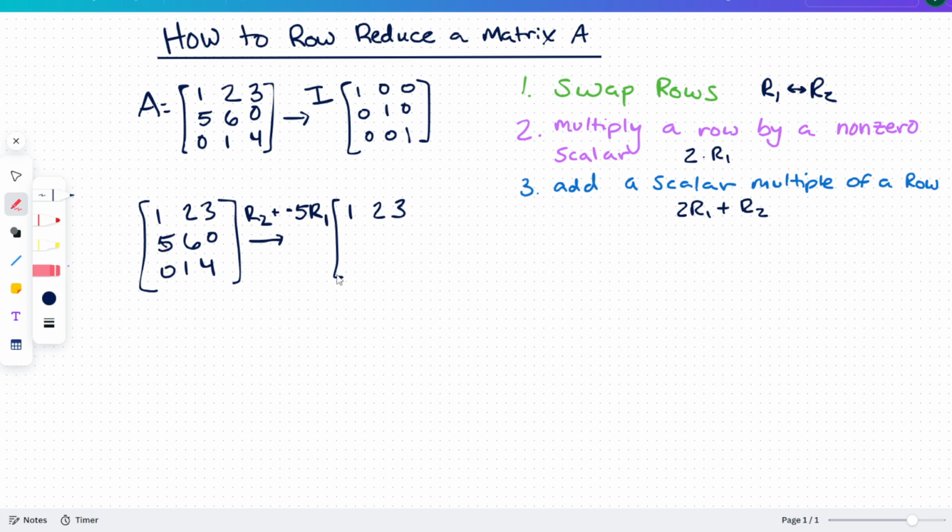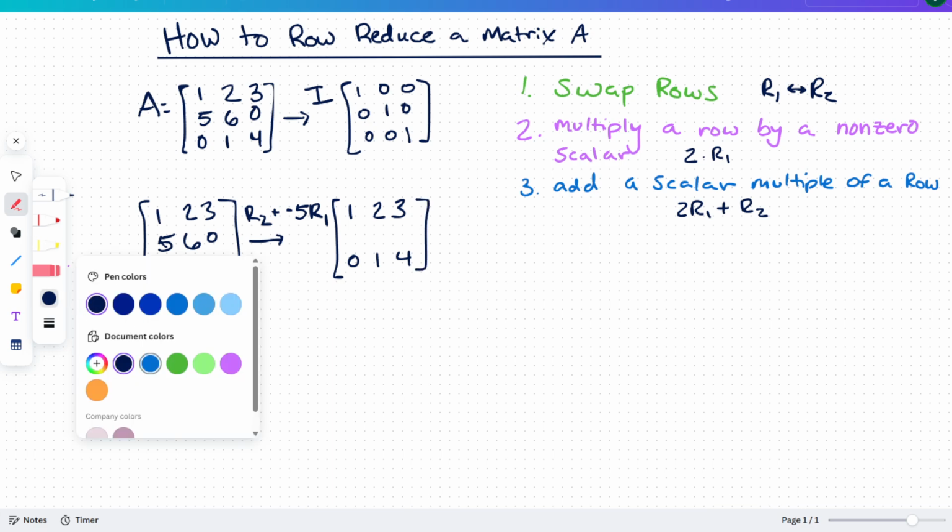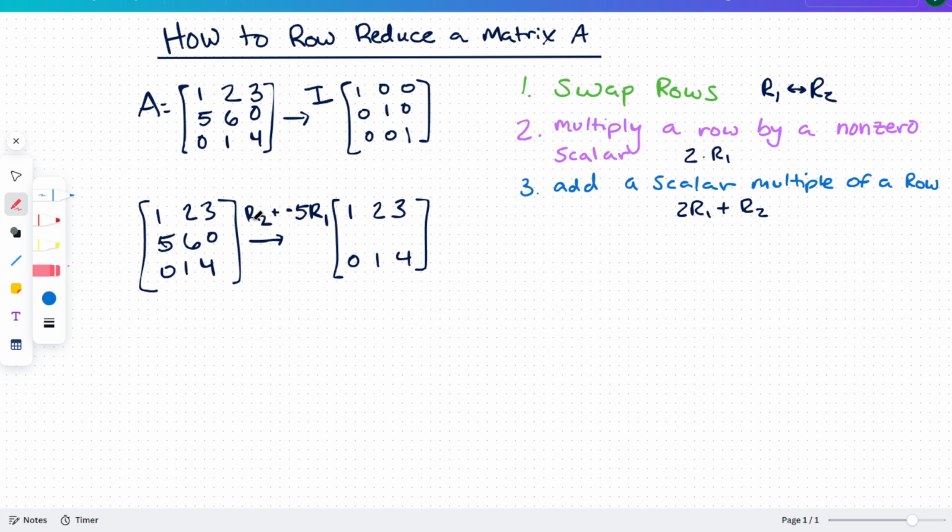And we know that the third row isn't going to be affected either, so we can write that there. And then for row 2, what we're going to have is -5 times 1 plus 5 is 0. -5 times 2 is -10 plus 6 is -4. -5 times 3 is -15 plus 0. We're going to have -15.